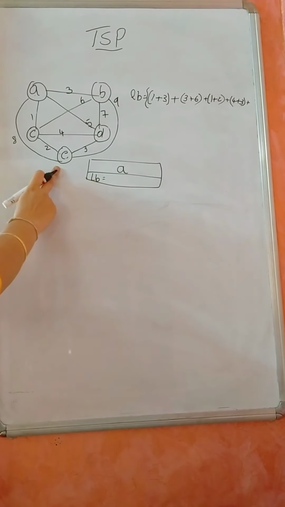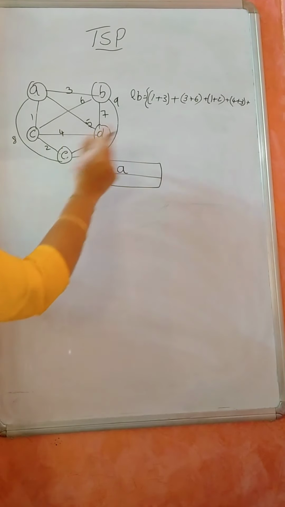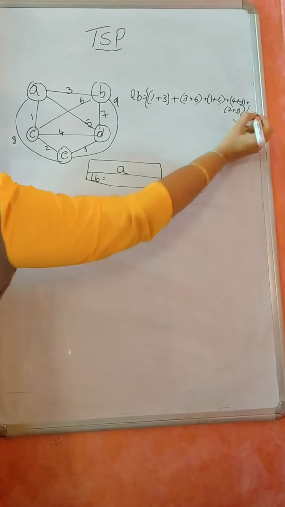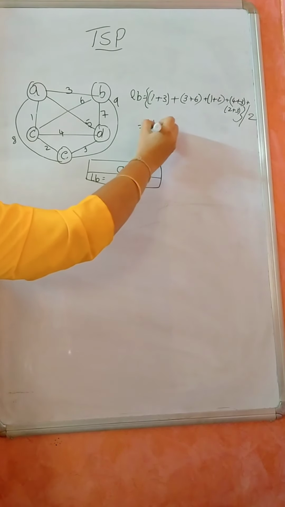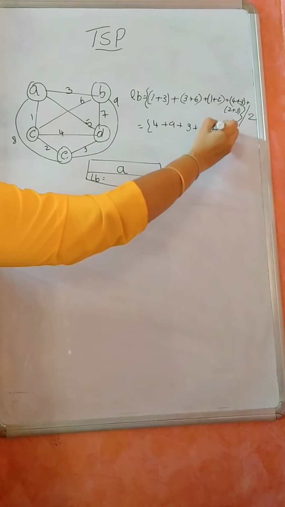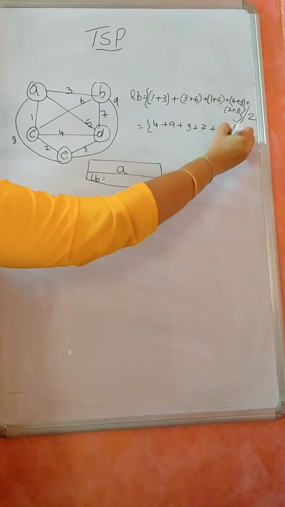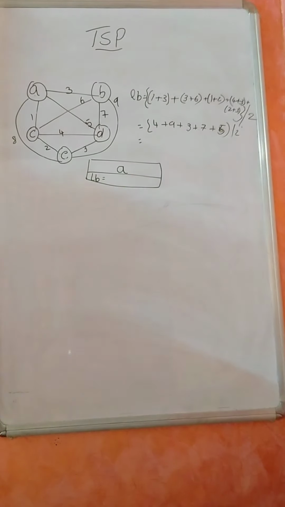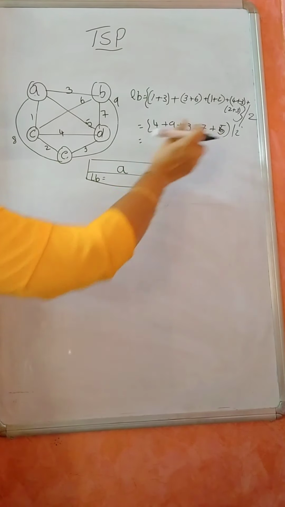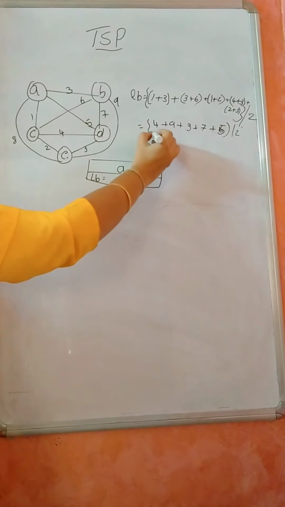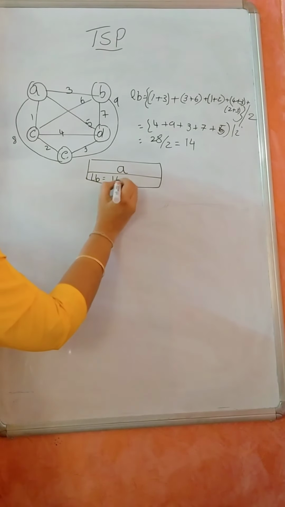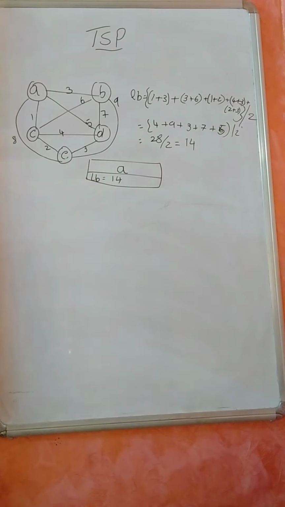And from E: 8, 2, 3, 9, so 2 plus 3. The whole thing divided by 2. So it is 4 plus 9 plus 3 plus 7 plus 5, which is 28, divided by 2. So it is 14. The initial lower bound we got is 14.